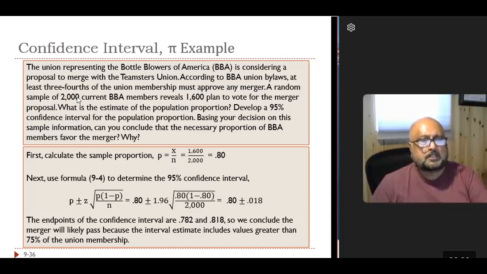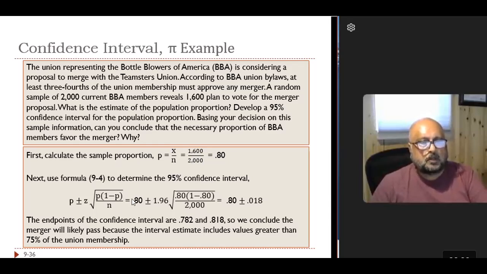The sample is 2,000 current members, and 1,600 plan to vote for the merger. So do we have enough majority to approve the merger? We can use this because we have the proportion here, p is equal to x by n. We know 1,600 out of 2,000 total, we get 80%, right?